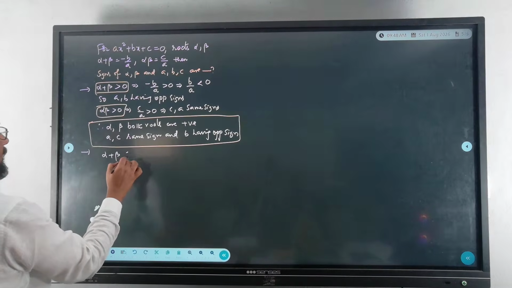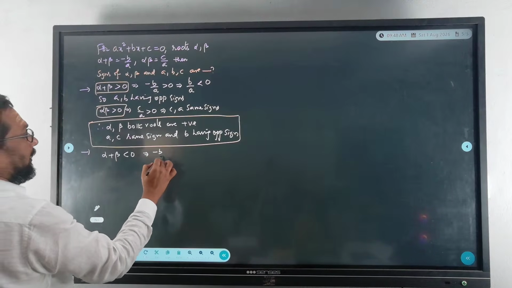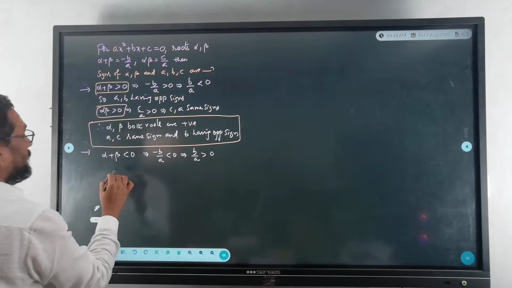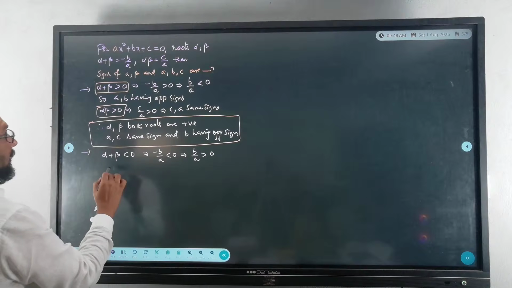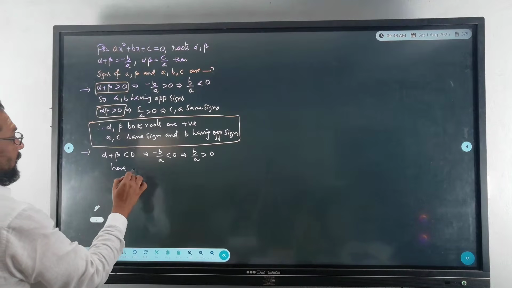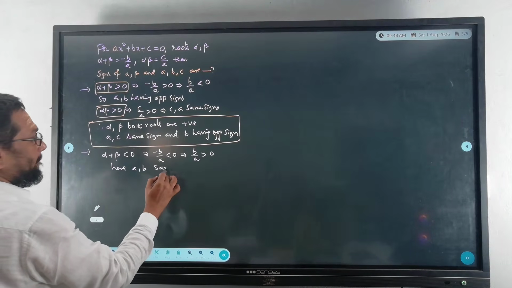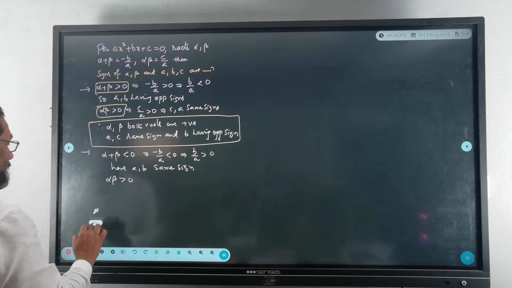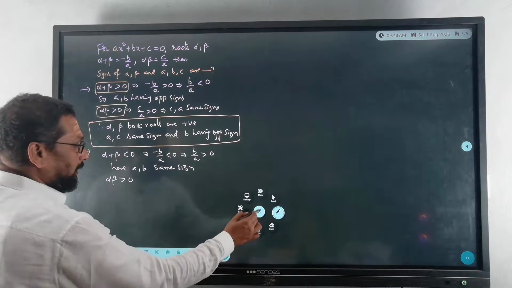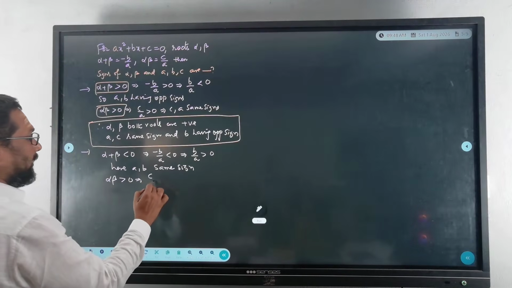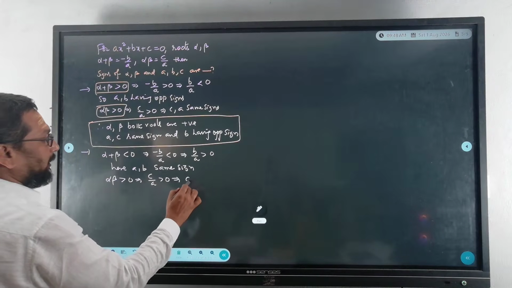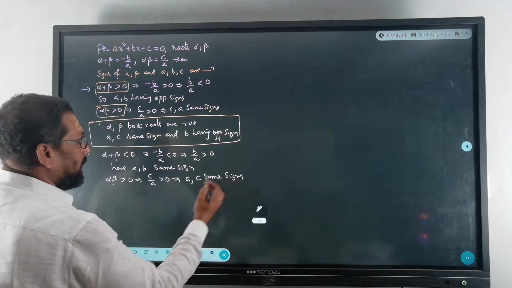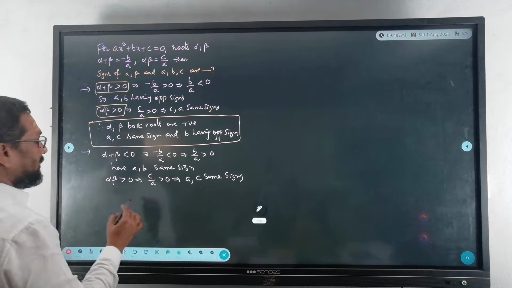Alpha plus beta less than 0, minus b by a less than 0, b by a greater than 0. So here a comma b same sign. Next, alpha beta greater than 0 implies c by a greater than 0, that implies a comma c same signs. So a, b same sign, a, c same sign.